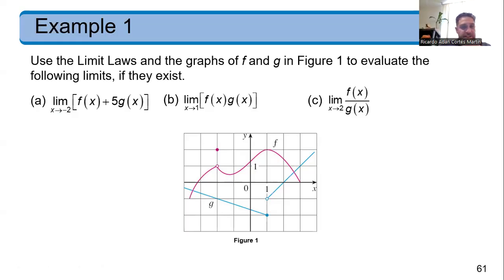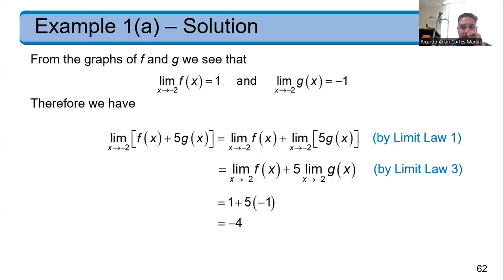Okay, so let's see what we got here. So the first one, the limit of f plus 5g. If you see the graph, you will notice that those limits as x tends to minus 2 of f and g are 1 and minus 1. Okay?